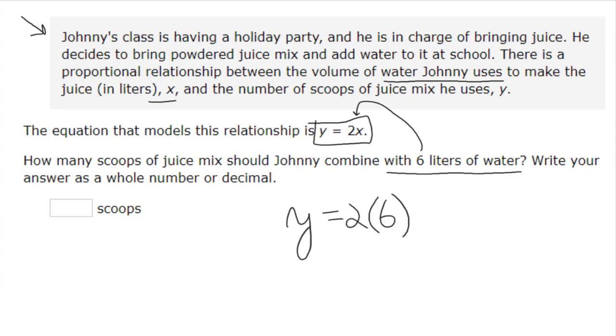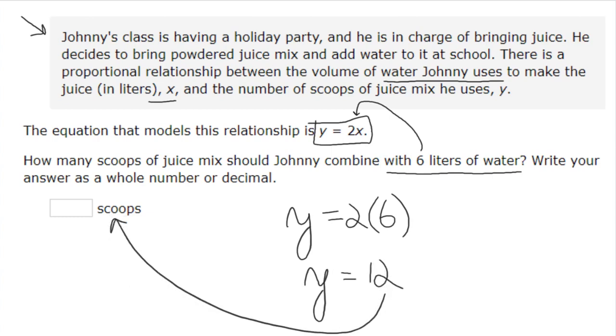That's the whole reason we came up with this equation in the first place, folks, is so we can now plug different amounts of numbers in, whether for the water or for the scoops, to figure out the other. In this case, it's going to tell us how many scoops we will need if we use 6 liters of water. So all we have to do is solve this down to get the result of you would only need 12 scoops if you had 6 liters of water.